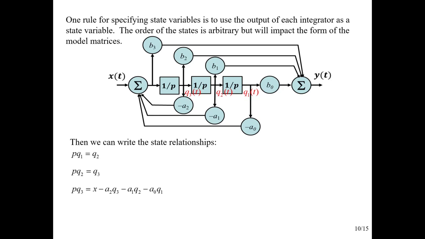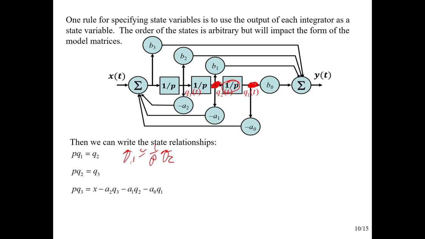So if we look at this, remember I said this is the integral of this. Or in other words, Q1 is equal to Q2 times 1 over P. So Q1 is equal to 1 over P Q2. And here's the beauty of this operator view.